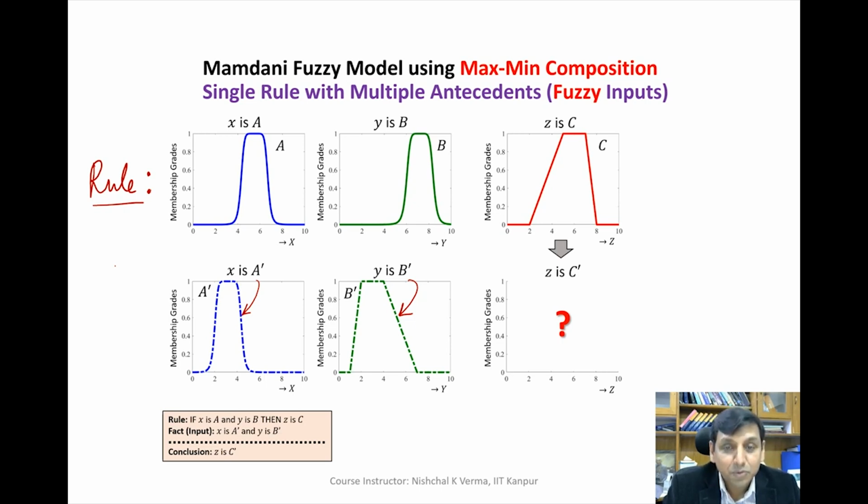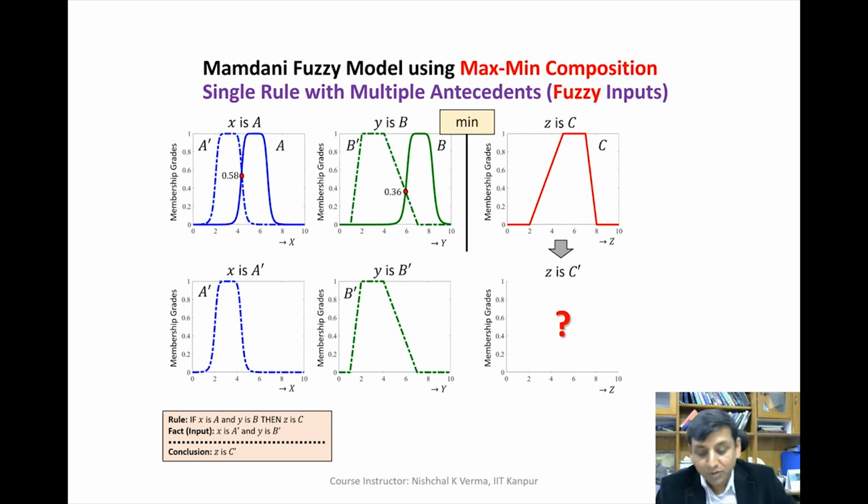So again, like in the previous scenario, we superimpose these two fuzzy sets on their corresponding input fuzzy sets. So A dash here is superimposed on A because X is A dash, and Y is B dash, so this also is superimposed on the fuzzy set which is already known.